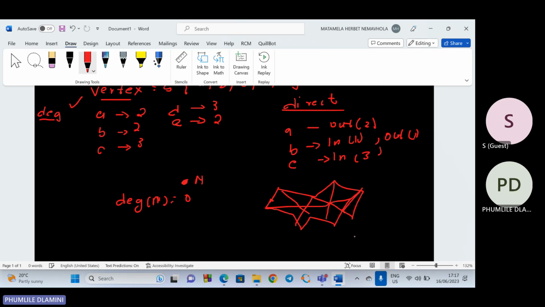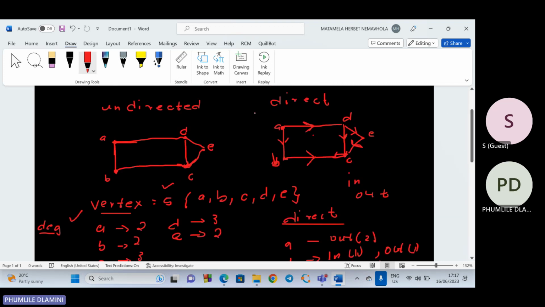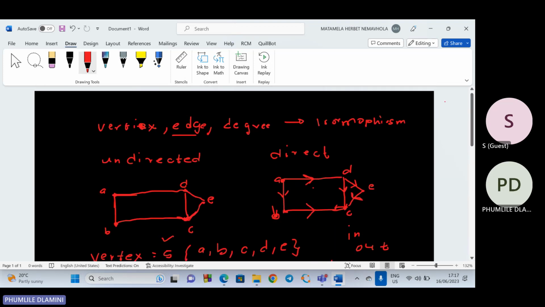So we can come up with a way of calculating the edges of the graph. For a simpler one, it's easier to count because this is edge 1, edge 2, edge 3, edge 4, edge 5, edge 6. So it has 6 edges.